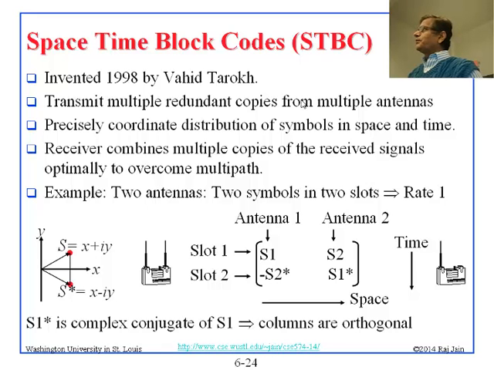So they are orthogonal, and therefore it is much easier to estimate the channel, and you can get rid of the noise much better. And so these codes have become basically standard since 1998. So every technology since then uses this.